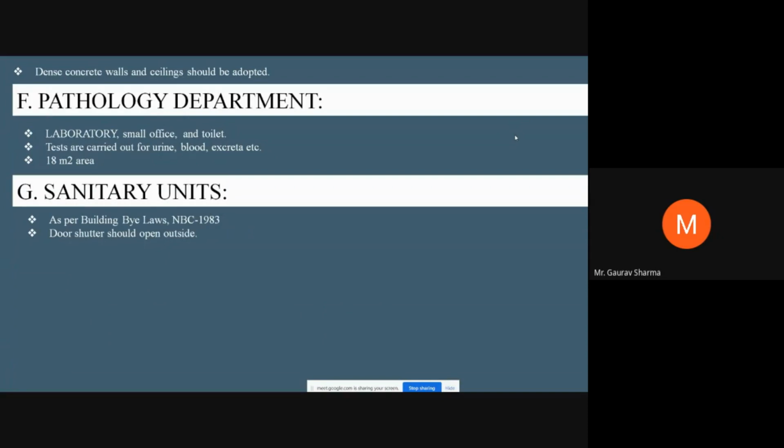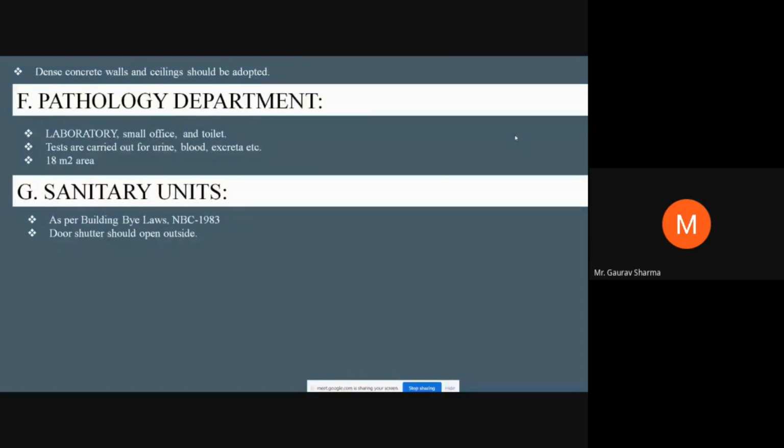Okay, and regarding the sanitary facilities, there is one important and basic thing: the door shutter should open outside. The shutter should not open inside. Okay, why am I saying so? Because there may be chances that patients who are inside the toilets or bathroom may go unconscious at any time.